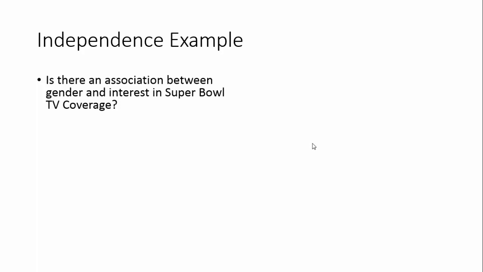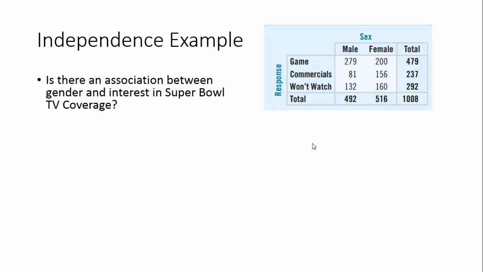They collected the responses and broke it down by sex. So we see the males here, and what's 492? That means they asked 492 men, and the 516 means they asked 516 women. There were 1,008 people that they asked.